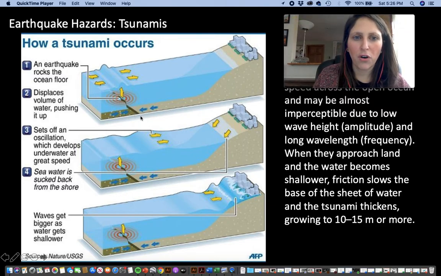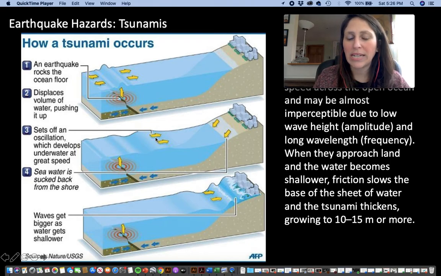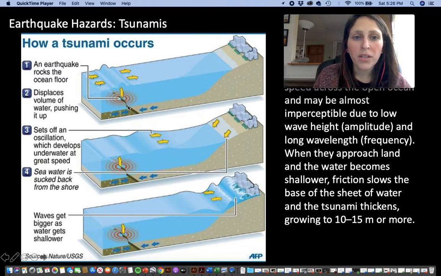Here are some diagrams of how these form. We have a fault being produced in the middle of the ocean. It's displacing a large amount of water, sometimes rock, and that water has to go somewhere. So you can see this big wall of water starting to travel towards the land. As it moves closer to land, the beach or the slope is going to get shallower and shallower, and so the wave is going to get bigger as the water gets shallower.